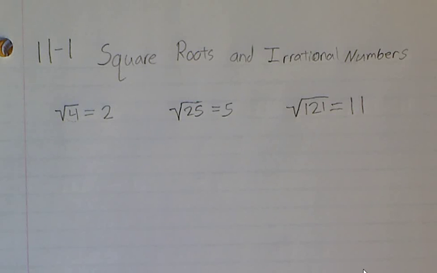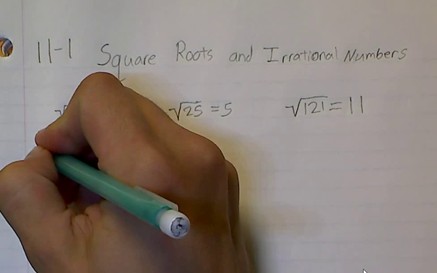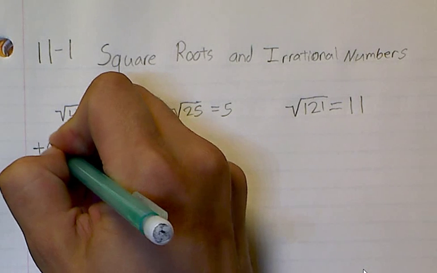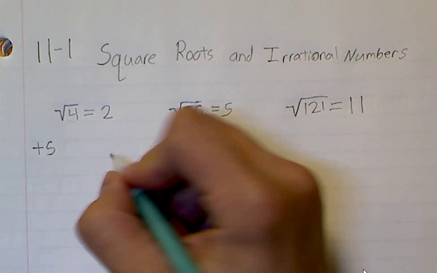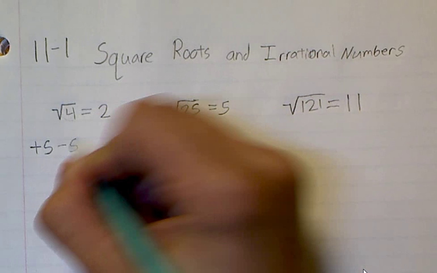So now if you're wondering what the purpose of taking the square root is, it has a lot of uses, but one of them is that it's used to undo something. It's like how you can add 5 to something and then subtract 5.